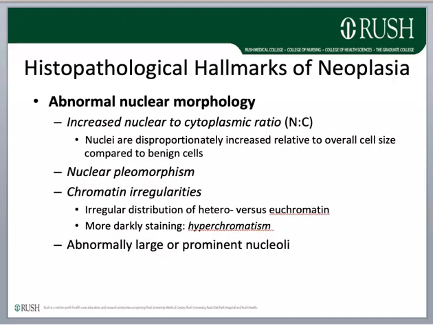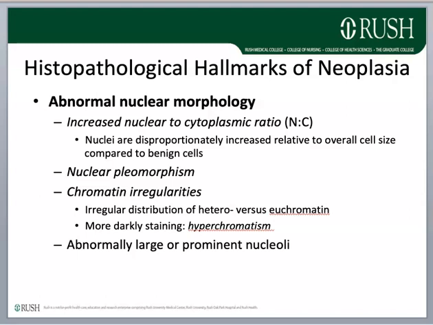Another hallmark of neoplasia is abnormal nuclear morphology, and there's several components to this. One is increased nuclear to cytoplasmic ratio. So normal cells have a distinct ratio of the nucleus in proportion to the overall cell size. And in neoplasia, the nuclei become disproportionately increased relative to the overall cell size compared to benign cells.